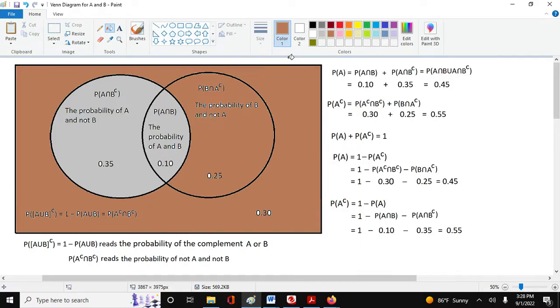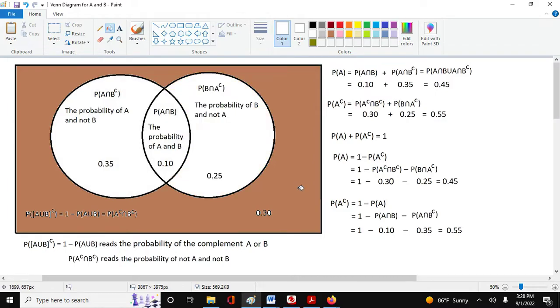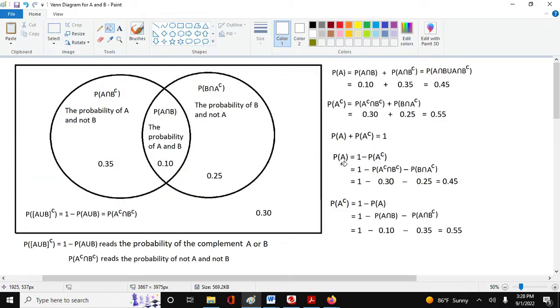So let's go ahead. Another way we can find probability of A is 1 minus probability A complement. So what's A complement? This is A complement, and this is A complement. So 1 minus 0.30 minus 0.25 equals 0.45, which is what we got above.